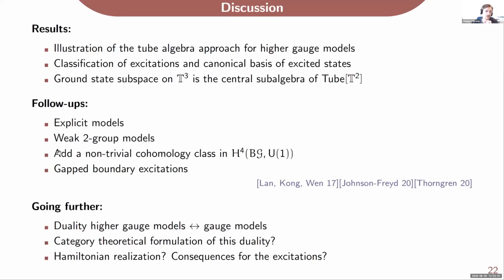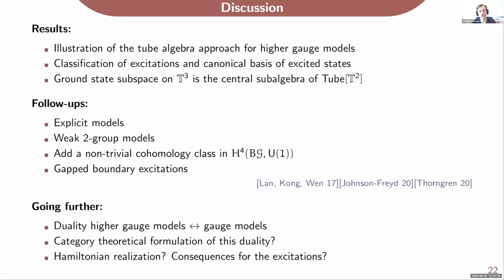There are a bunch of obvious follow-ups, which I won't even mention. Something I want to mention, which I think is quite interesting, is that as a byproduct of recent results regarding classification of 3+1D models, we know that there has to be a lot of duality relations between models in 3+1D. In particular, we know that certain higher gauge models can be mapped to regular gauge models via a duality relation.